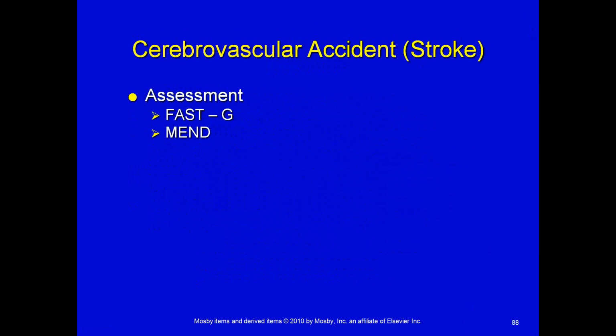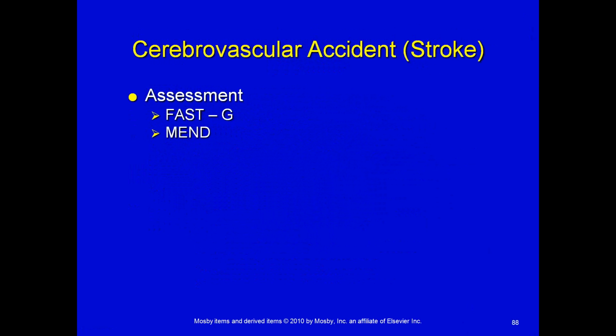But if you have them say something that isn't committed to muscle memory, where they have to use different muscles to form those words, you can pick out slurred speech much easier. And if they don't have slurred speech, they don't have arm drift, and they don't have facial droop, then we really need to look at some of the other mimickers for stroke.